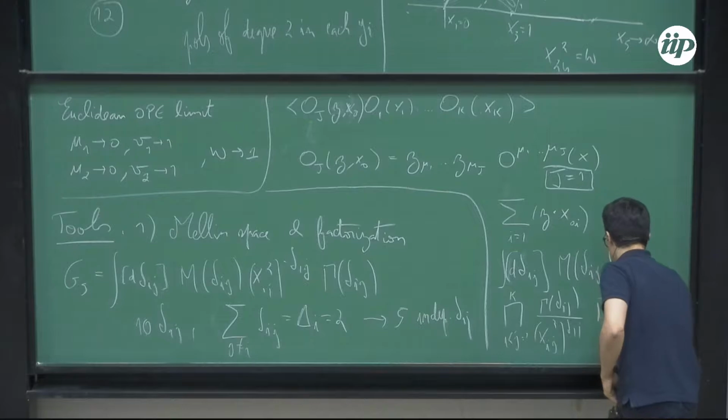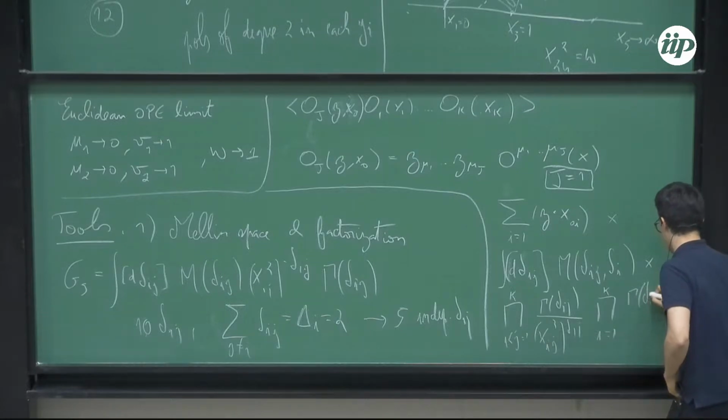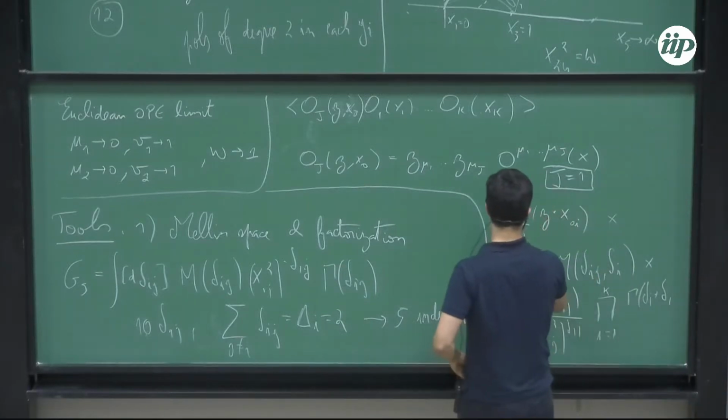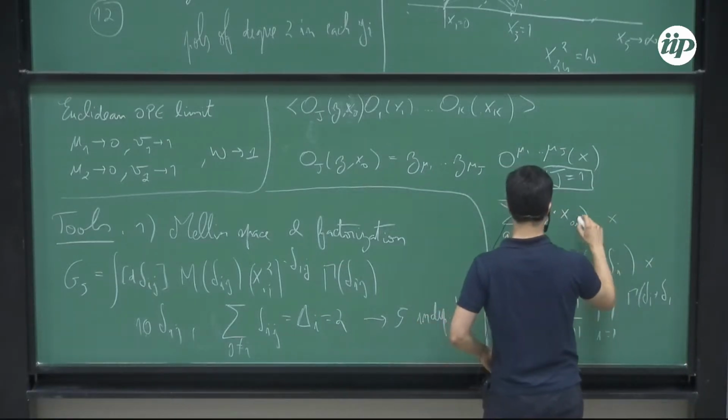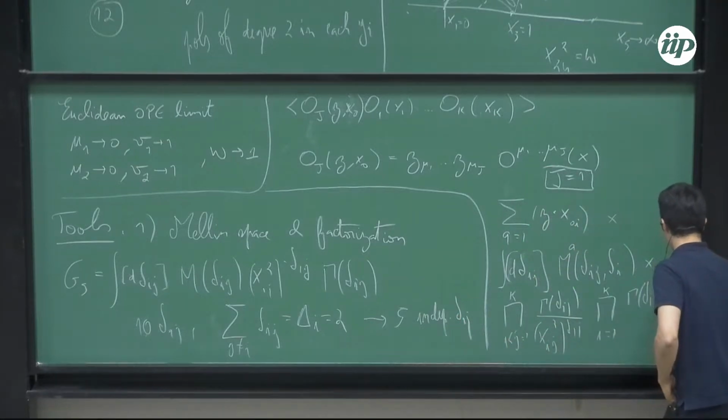And then I have a product, i from 1 to k, of gamma of delta i plus a Kronecker delta. Sorry, let me call this A. Kronecker delta iA.